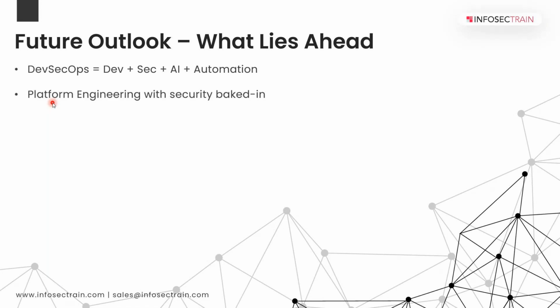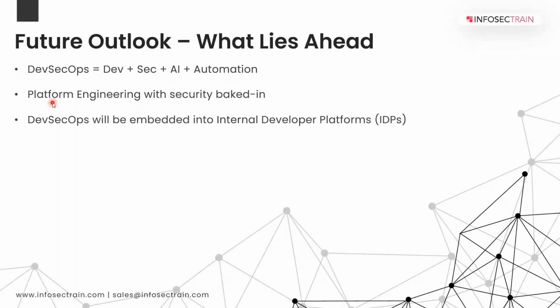Then you have to take care of platform engineering as well. You will be having platform engineering with security baked in, and DevSecOps in the internal developer platforms, and then we will be dealing with security copilots.